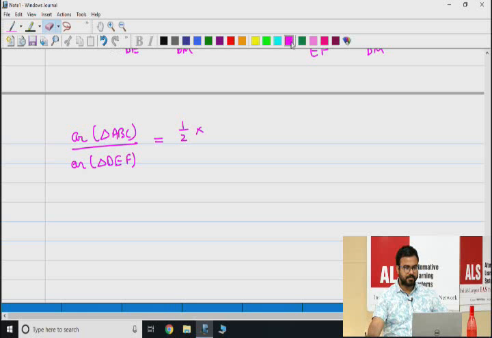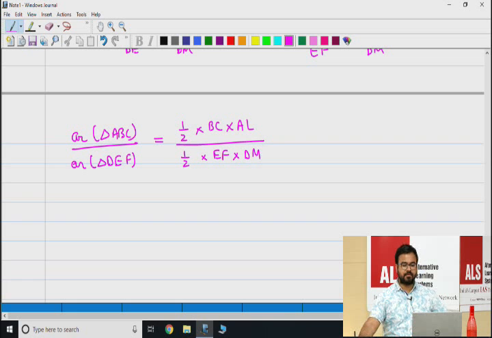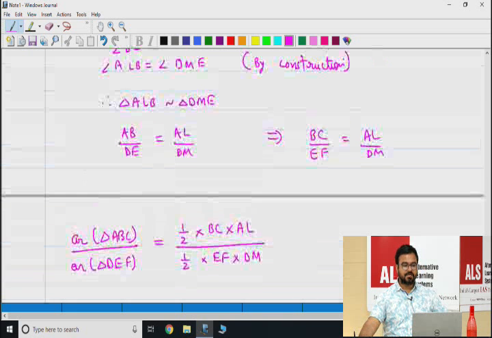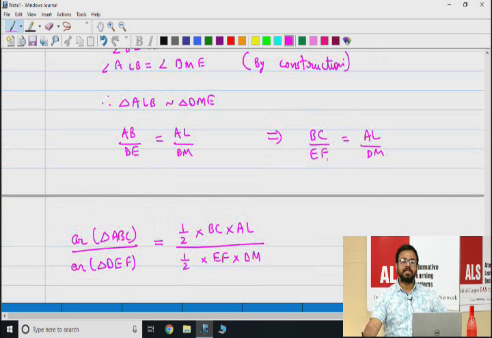So we can write BC into AL, and in that triangle the base is EF and height is DM. Now we have just proved that BC over EF is equal to AL over DM also. So we can replace this.